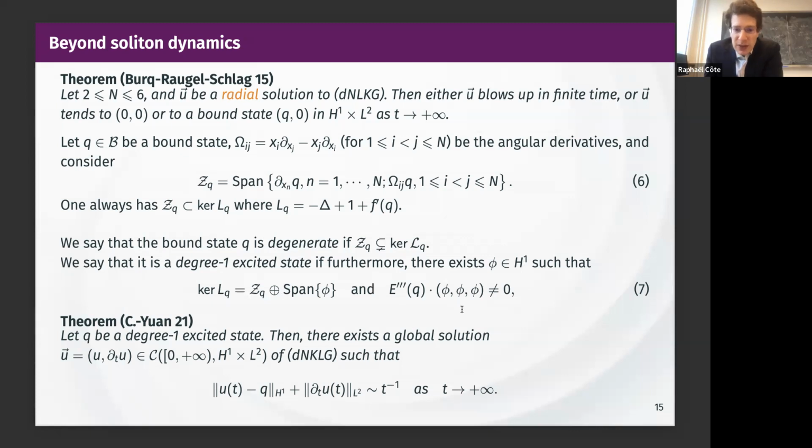But if you have this non-degeneracy condition, then we're able to improve a lot this convergence. We're able to prove this kind of result for any radial solution. Okay, and if you assume that you're degenerate, then you could push the analysis further, but then the rate of decay would be even slower. Okay, so these were all the results that I wanted to talk about.